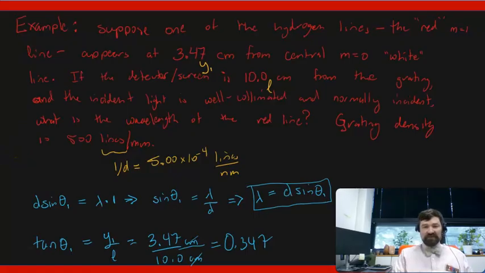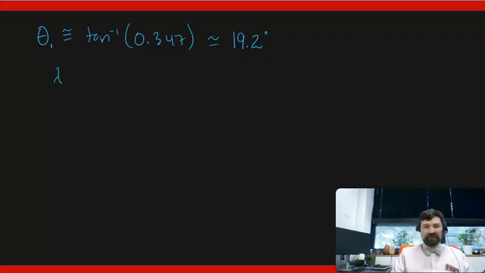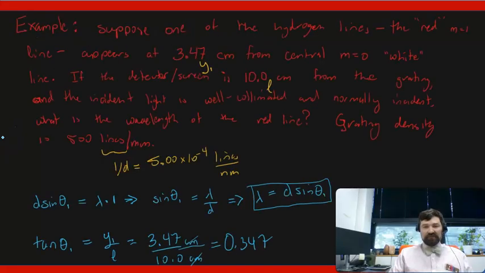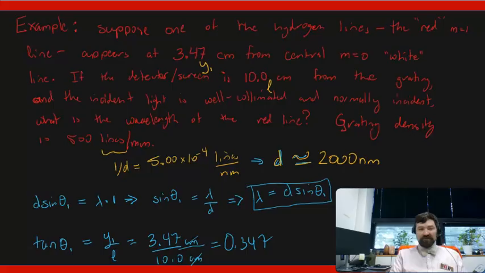Then we can come back to this top equation. Lambda is d sine theta 1. So 1 over d is this number, which means that d in nanometers is 2,000 nanometers.